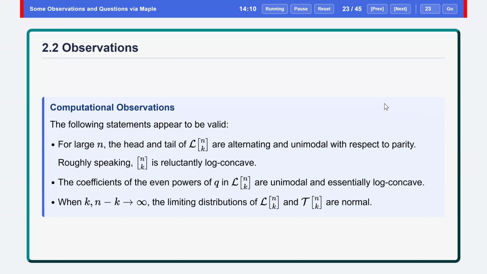The coefficients of even powers of this log transformation are unimodal and essentially log-concave. And for k and n minus k tending to infinity, the limiting distributions of the log-concave and the Turán transformations of the coefficients are normal.